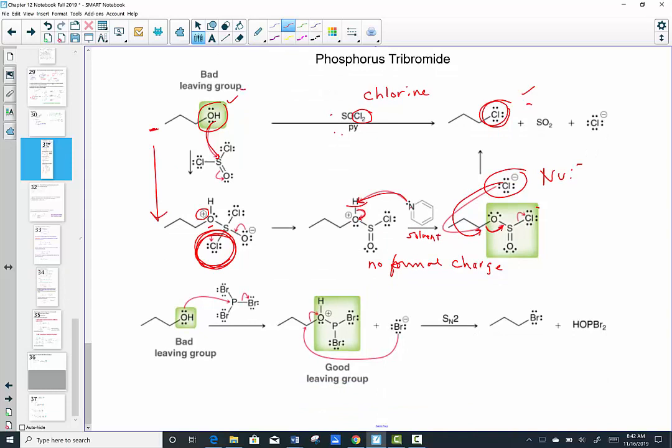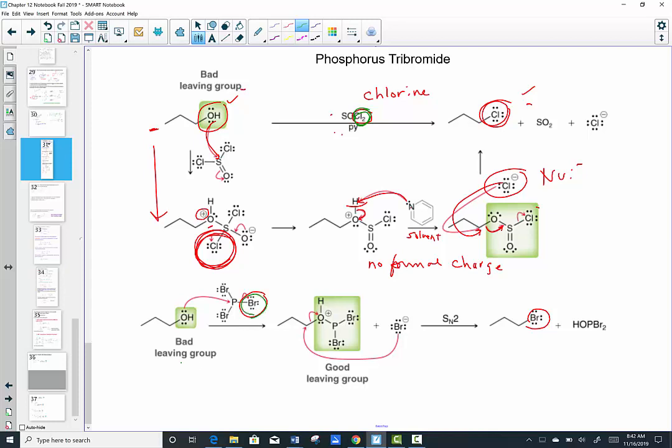I'll discuss with you the PBr3, phosphorus tribromide. Notice that this is very specific to adding a bromine. So again, if you want to add a chlorine, SOCl2 in a workup of pyridine. If you want to add a bromine, use phosphorus tribromide.